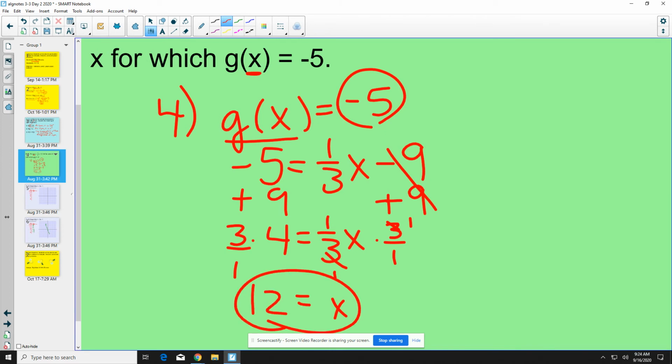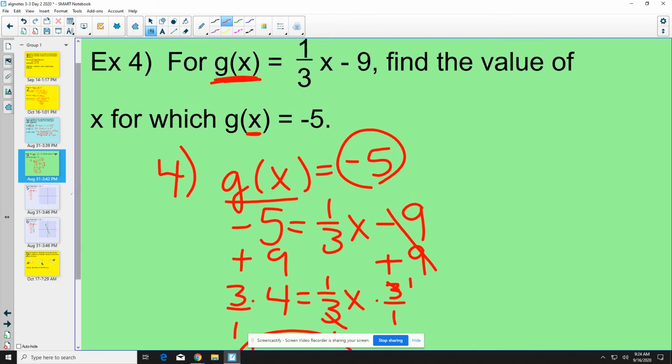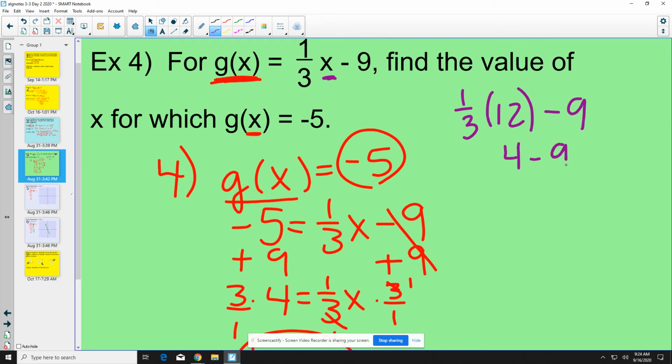So I'm trying to find x. So what this means is if I put in 12 for x, my answer should be negative 5. Well, I can check it by putting 12 in here for x. I could do 1/3 times 12 minus 9. 1/3 of 12 is 4. 4 take away 9 is a negative 5, so I can check.